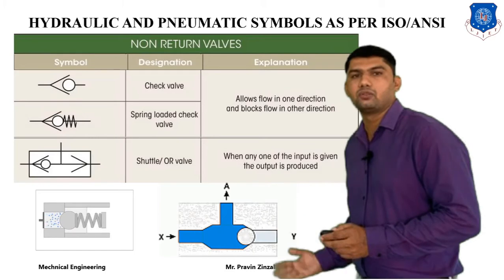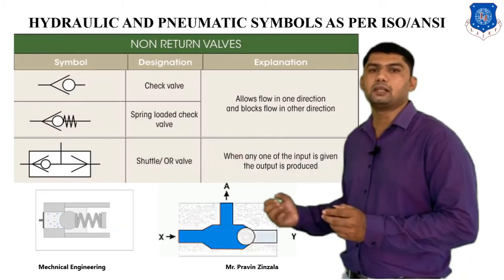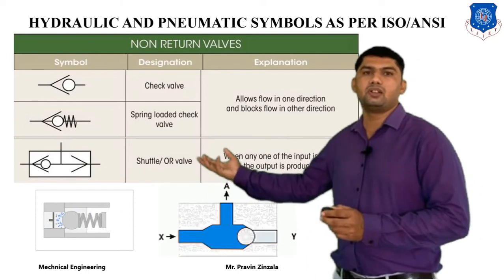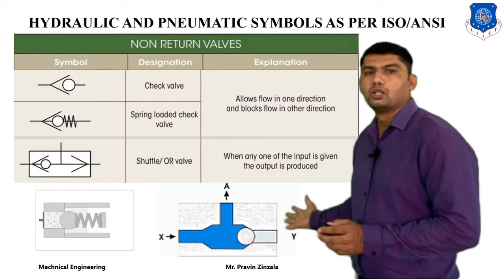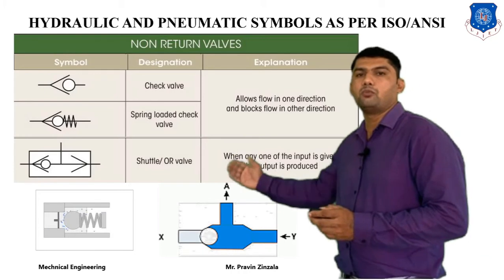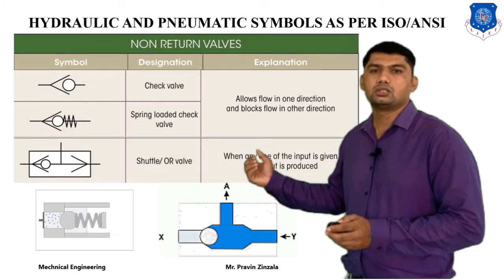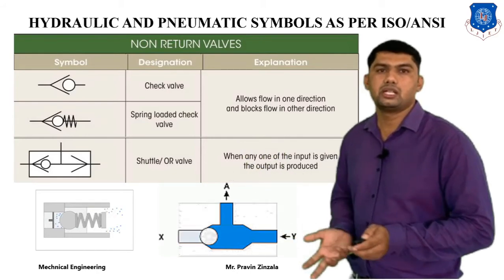X and Y are the two inputs and A is the output. If we supply the hydraulic or pneumatic fluid from the X side, output will be created. If we supply fluid from the Y input, output will be created. And if we supply fluid from both sides, output will also be created.